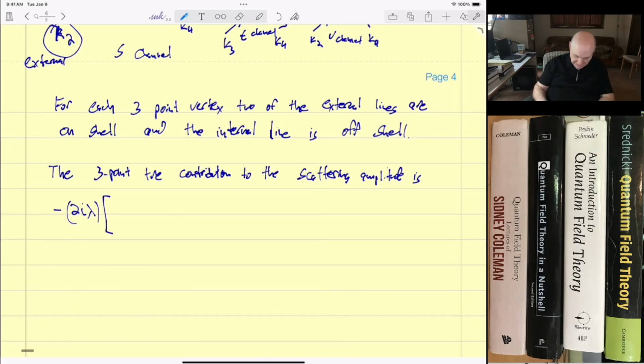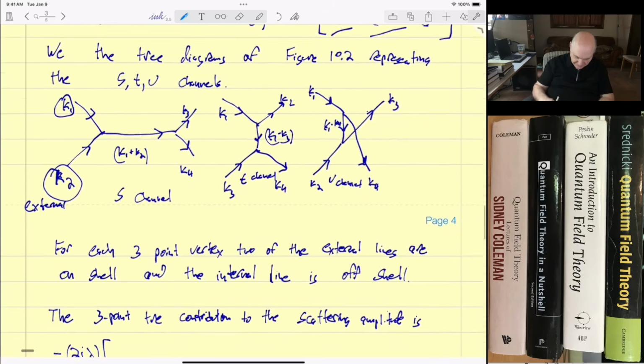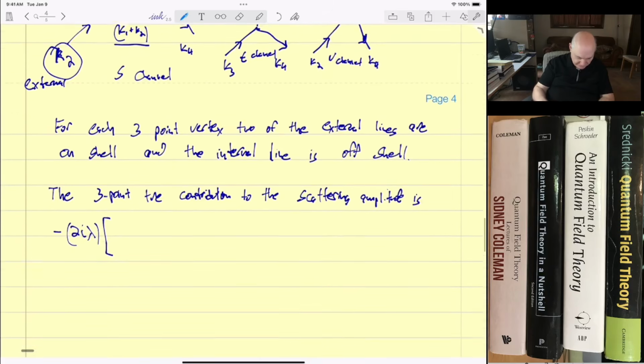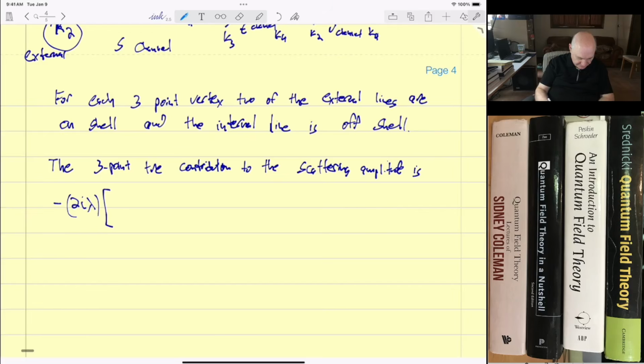And K3 in that thing is now K1 plus K2. That was what was K3 before when I showed the 3-point diagram. So now I get K1 plus K2 squared plus M squared. Then I have the propagator, which also happens to be the same thing.